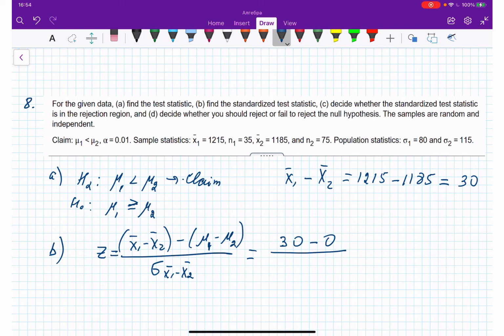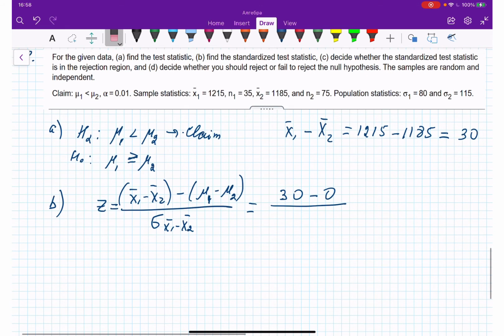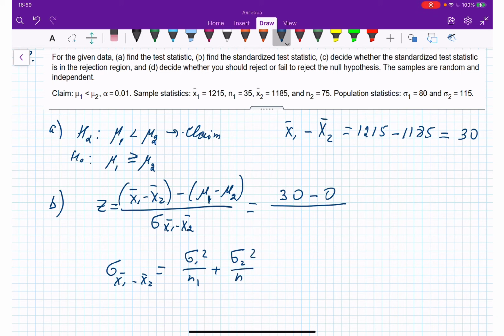Do you think only you are going to use the template? I'm using it also because I don't want to calculate every single time, so I'll just plug the numbers into worksheet 1. Sigma x1 minus x2 is equal to the square root of sigma 1 squared over n1 plus sigma 2 squared over n2.